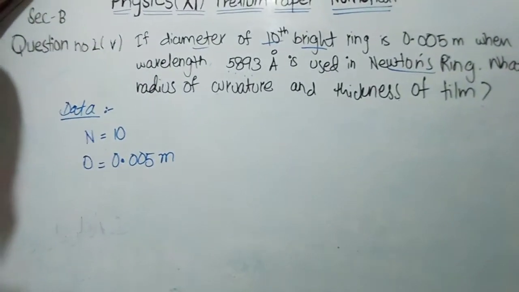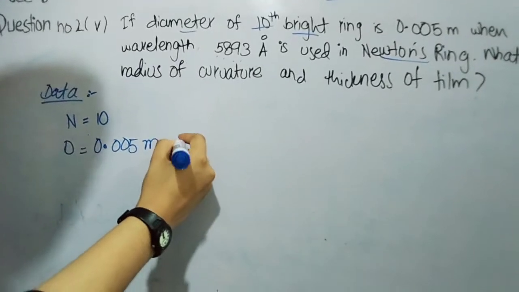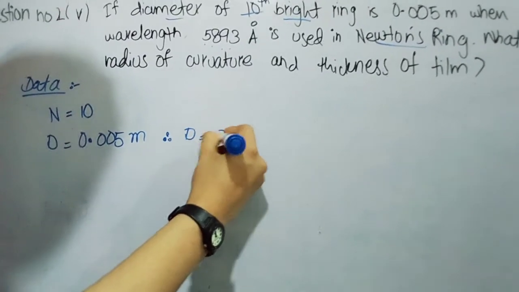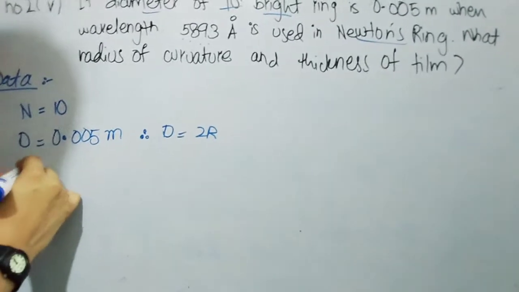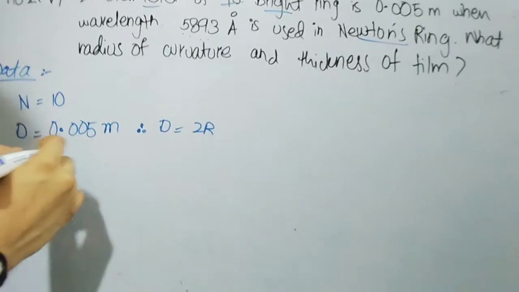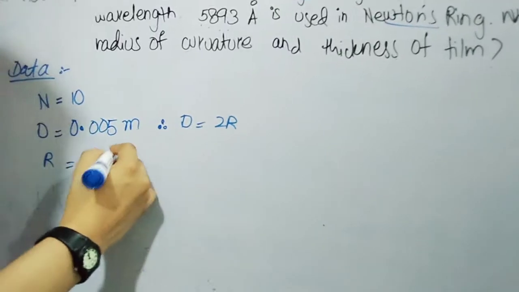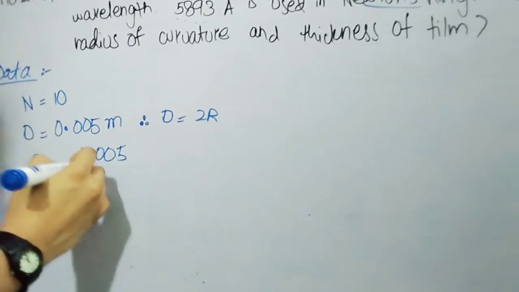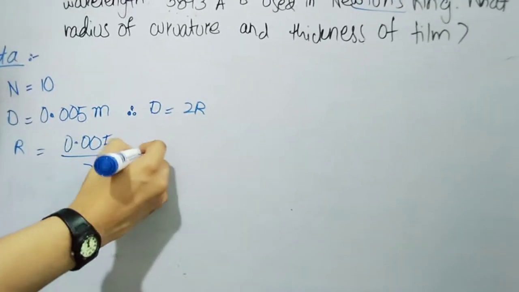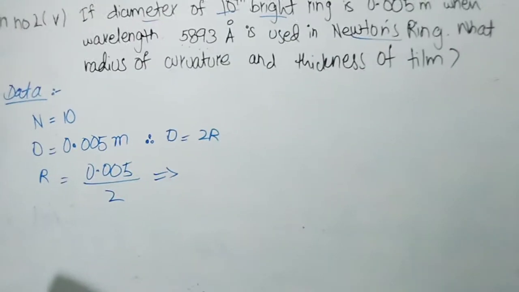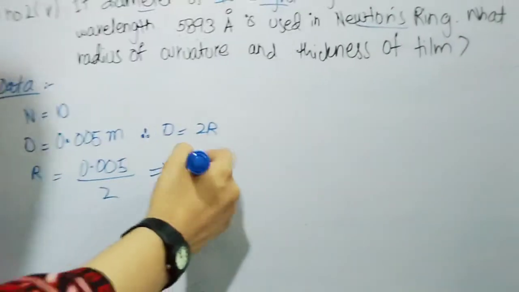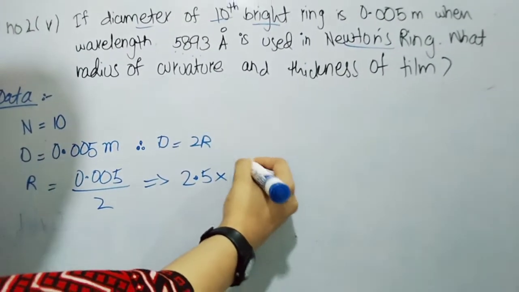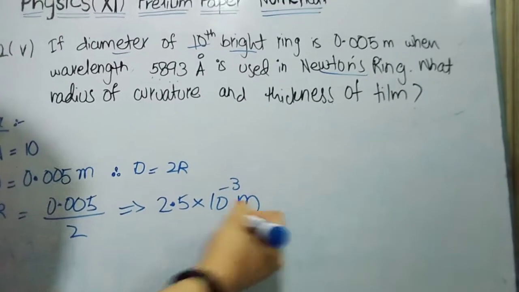We are not given the radius, but we know that diameter is twice the radius. So to find the radius, 0.005 divided by 2 is equal to 2.5 into 10 raised to the power negative 3 meter.